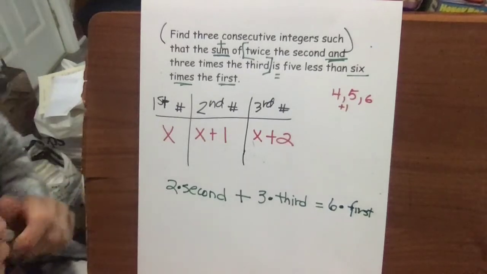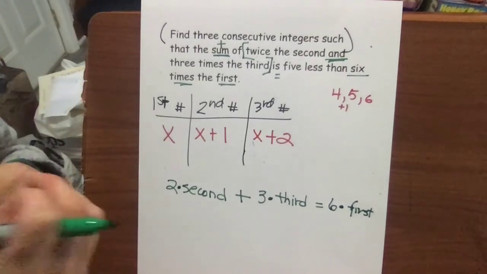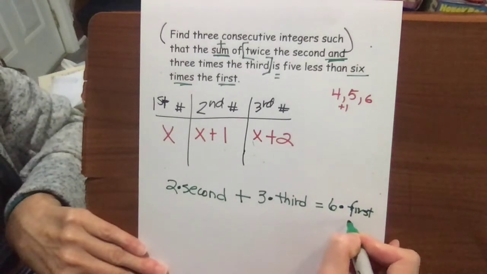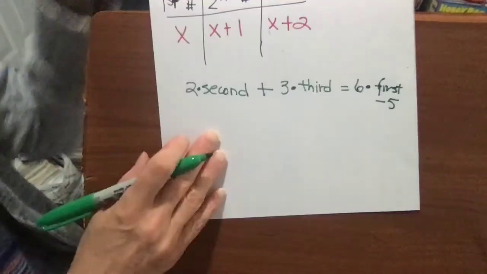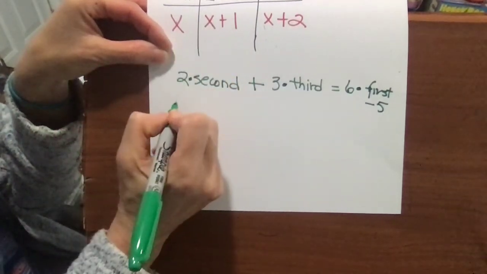And if you recall from our word problems earlier, before consecutive integers, 5 less than means you start with the number first and then you subtract 5. And this is really bad what I'm doing. I'm putting a minus 5 underneath there. So let's rewrite this, though, in the symbols that we have. So 2 times the second number is x plus 1.